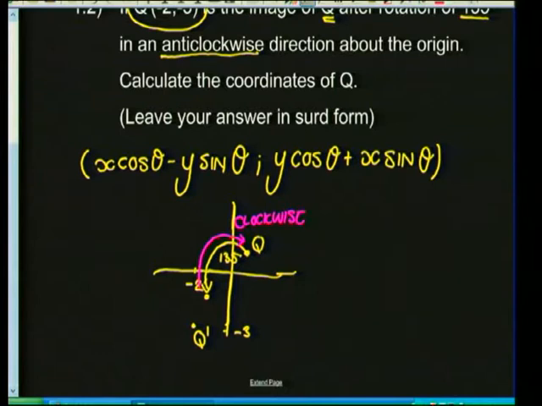Okay, now, when we are subbing points into our formula, when you are working in an anti-clockwise direction, remember when we work in our Cartesian plane, to work in an anti-clockwise direction is your normal rotation, okay? And if we're going in an anti-clockwise direction, you will always substitute the positive angle into your values for theta.